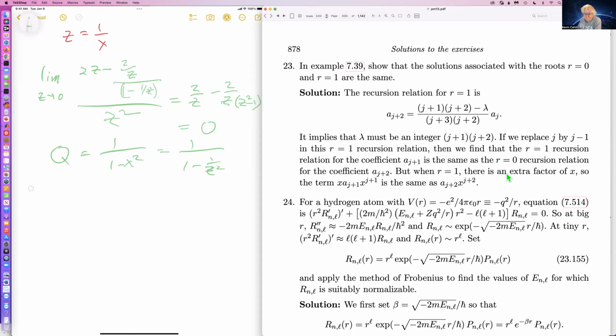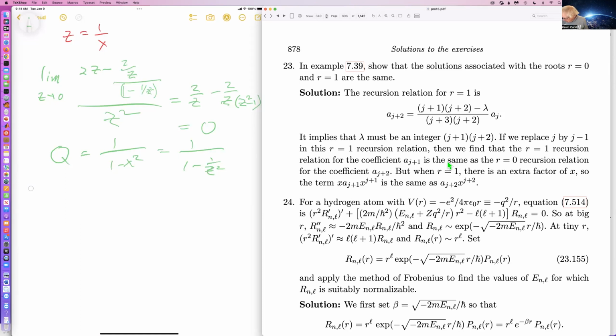So this is the recursion relation. But now if we replace j by j minus 1, we find that the j equals 1 recursion relation gives the coefficient a sub j plus 1. Well, let me write it down.